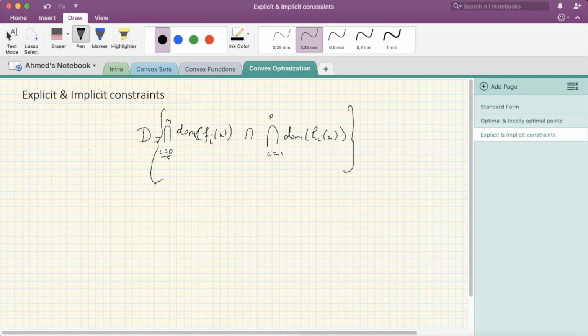So this set is called the domain of the optimization problem. Because if there's a point that should solve my problem, if the point is the best point, it satisfies my constraints and achieves the best cost, then it should belong to the domain of the problem.